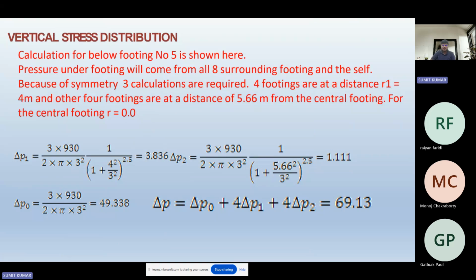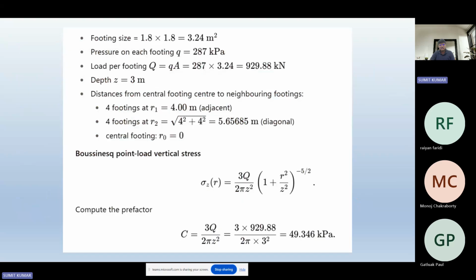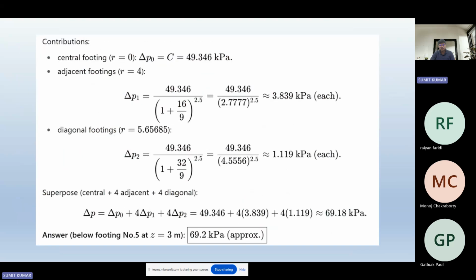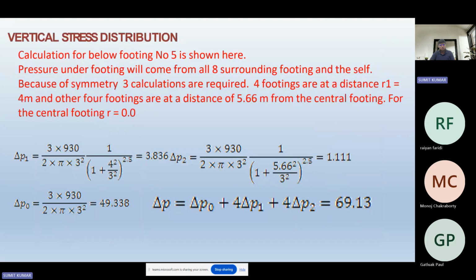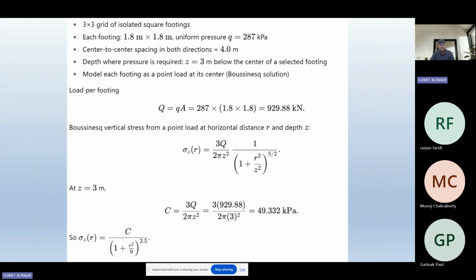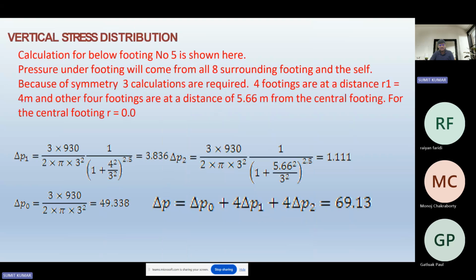So overall delta P value is coming to be 3.836 plus 1.111 plus 49.338 as 69.13. This is again discussed separately, and this 69.13 is written as 69.2 approximate value. So I think the discussion related to the same is clear with everyone.